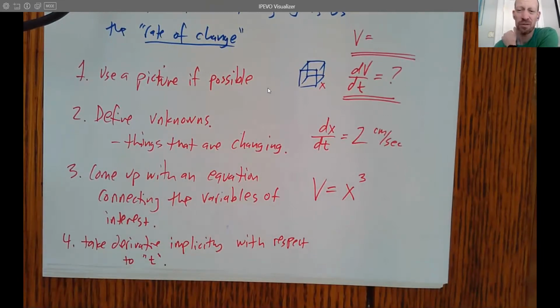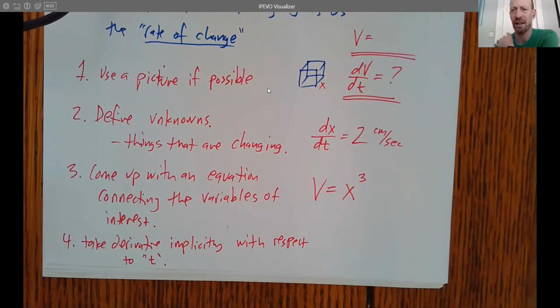Volume is related to x, but I'm not interested in how volume changes with respect to x. I'm interested in how volume really changes over time. Time is really the underlying variable here. And I know sort of from my own thinking and from experience, it's a little hard to grasp what is happening exactly because, again, we're not super familiar with implicit functions.